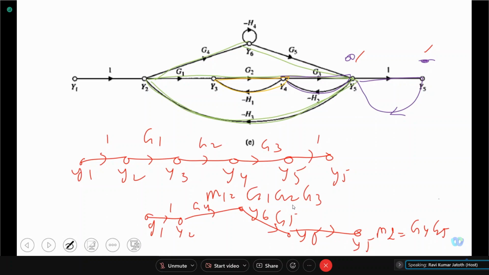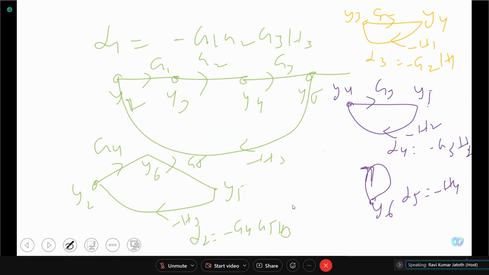It is the same signal with gain one. Yes, sir. So considering it as a loop doesn't make any sense, because the signal here and here are both the same. It is not getting modified. But this is not the case here, right? Okay, sir.